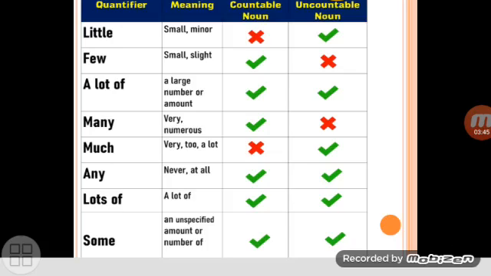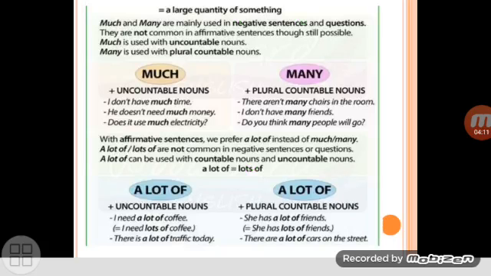A lot of, any, lots of, and some we may use for both countable and uncountable nouns. We may use many and how many for countable nouns. Much or how much for uncountable nouns.